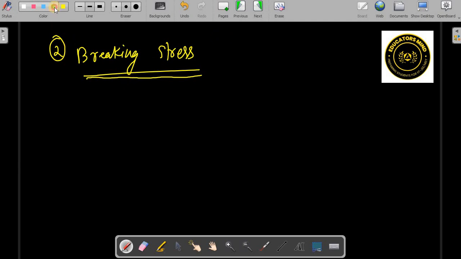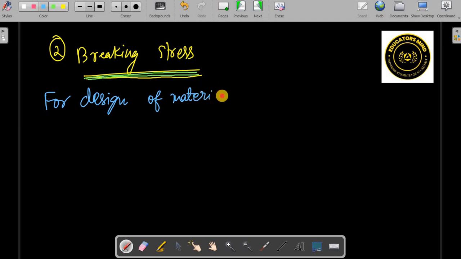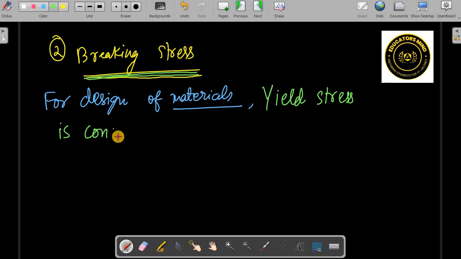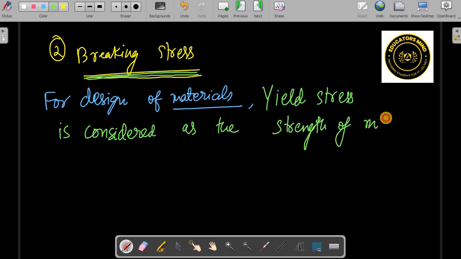Generally, for design considerations, they don't consider breaking stress. For design of materials, yield stress is considered as the strength of the material.